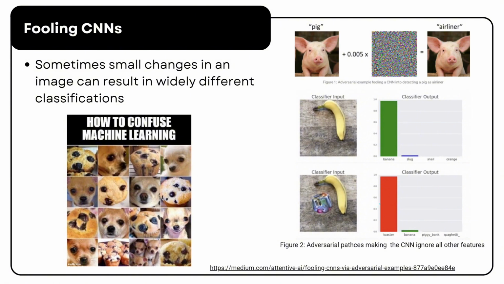It's not that the toaster prediction is impossible, but the patch does not contain toaster-like features. Ideally, the model should be uncertain or split its prediction, maybe assigning some probability to both banana and toaster. Instead, it confidently picks the wrong label. So these examples highlight a key vulnerability in CNNs. Small changes, often imperceptible to us, can completely derail the model's prediction.